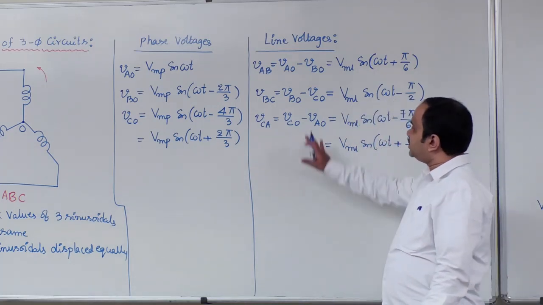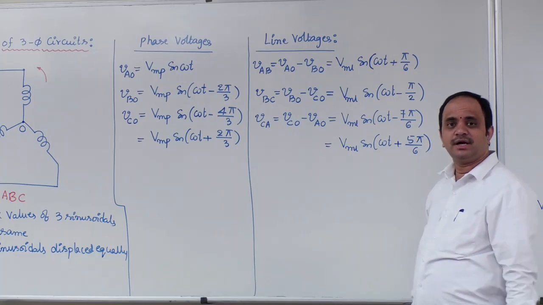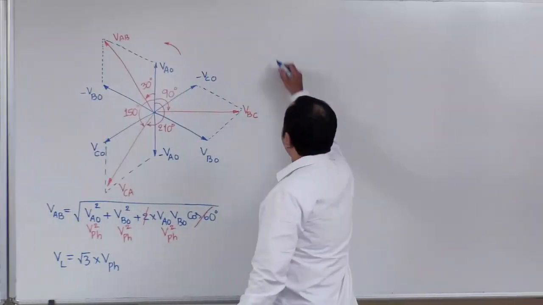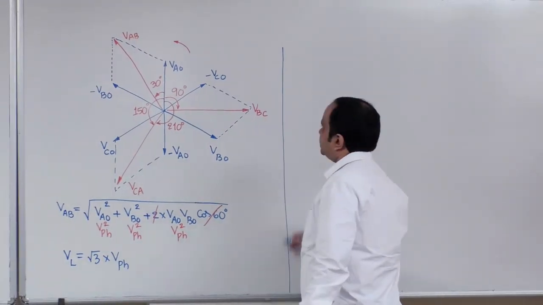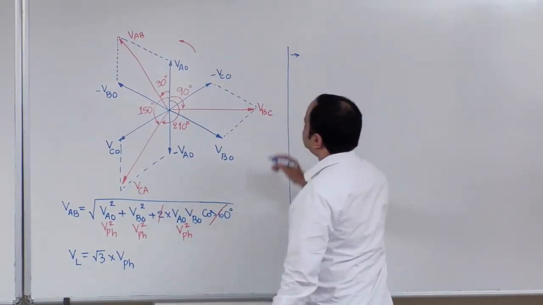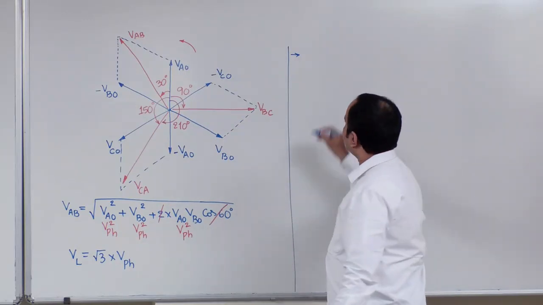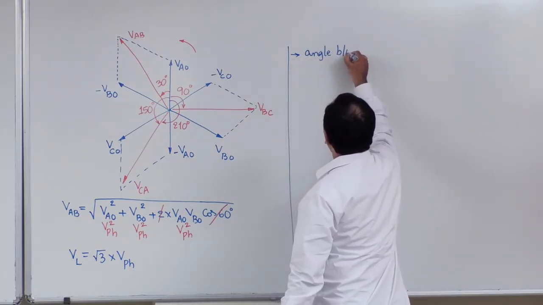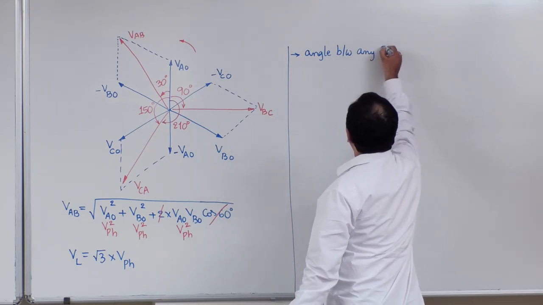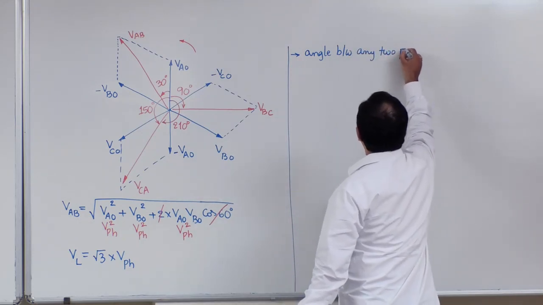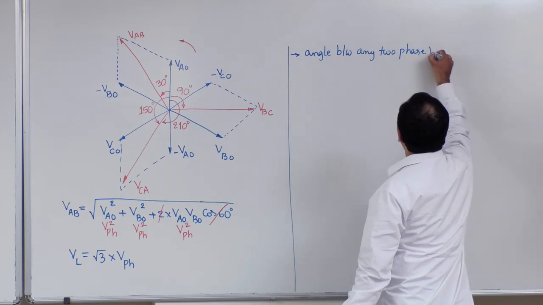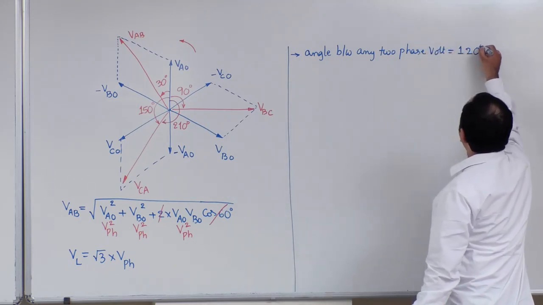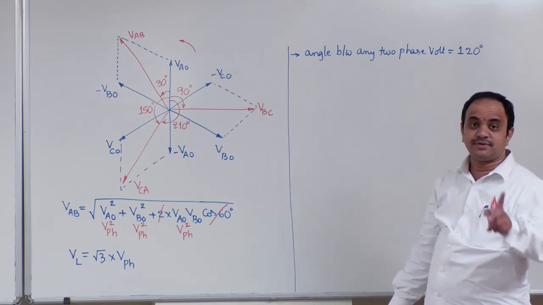Now, if you observe carefully, there are some important conclusions here. Just look back at these waveforms, these phasors. What is the observation here? The angle between any two phase voltages is equal to 120 degrees. That is the first observation.